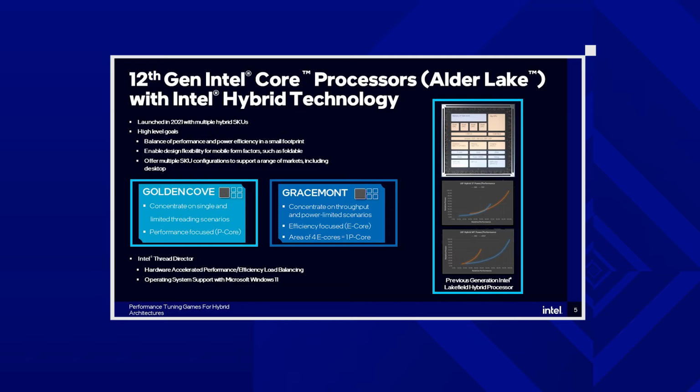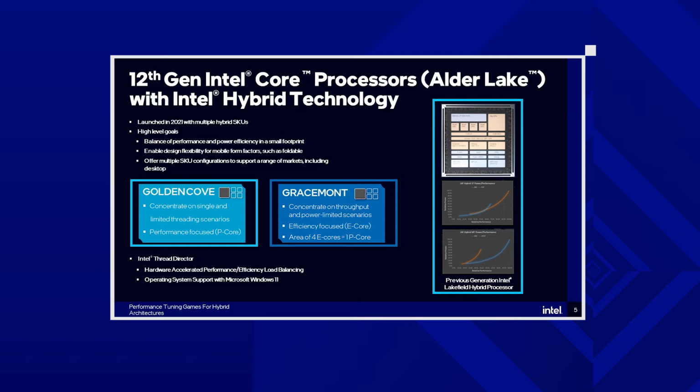The two cores in this processor are Golden Cove and Gracemont. Golden Cove concentrates on single-threaded and limited threading scenarios. It's performance focused, and we call these P cores. The Gracemont core concentrates on throughput and power limited scenarios, so they're efficiency-focused E cores, and the area of 4 E cores equals about 1 P core.